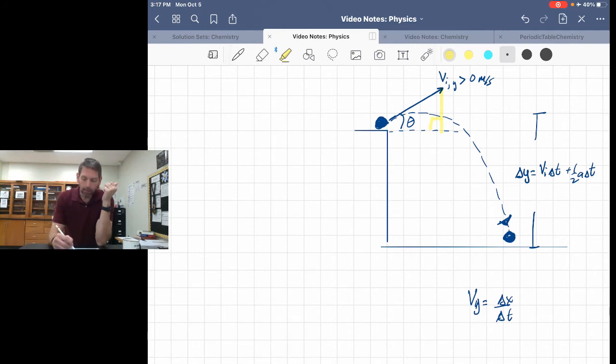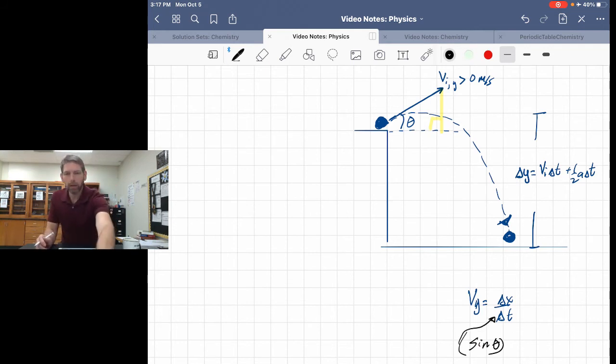Since that's the sine function, we take the sine of whatever the angle is, and that is what is having an effect on the y-axis, which is affecting the time, because instead of it coming out straight and just driving this height, now it's come up this way, so it is a little bit higher. That's going to affect the amount of time it takes to actually hit the ground. So it's sort of a multiplicative effect.